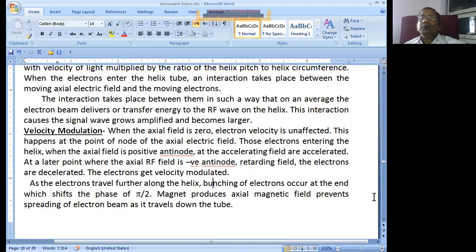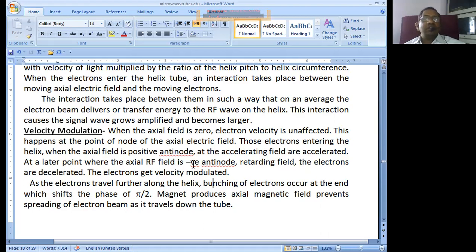If it works on the principle of velocity modulation, once again bunches are getting formed in the TWT tube also. When the axial field is zero, electron velocity is unaffected. When the RF field is zero, for example, the electron velocity is totally unaffected. This happens at the node of the axial electric field.